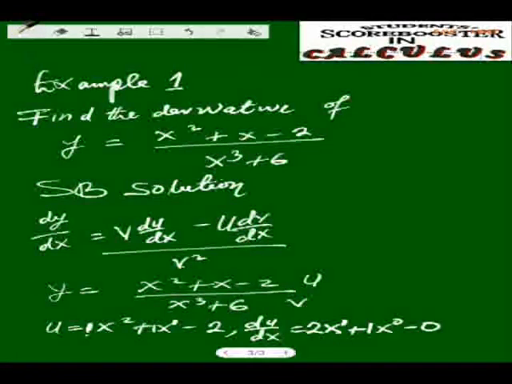So simplify this, you're going to have 2x plus 1, because x raised to power 0 is 1. So that is 2x plus 1.